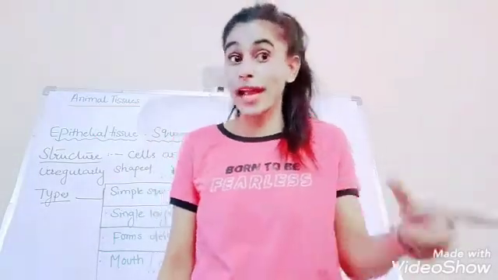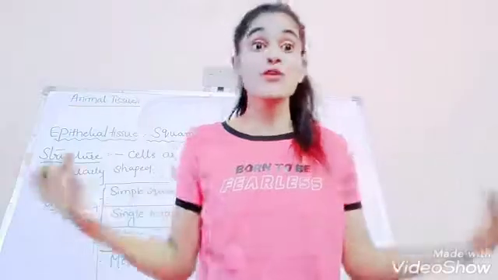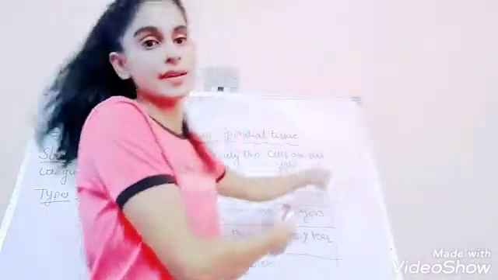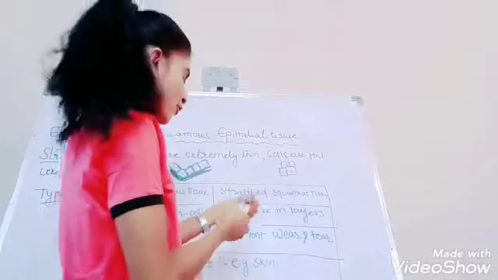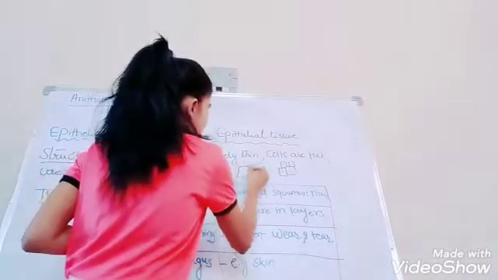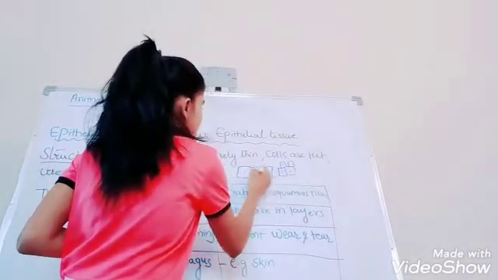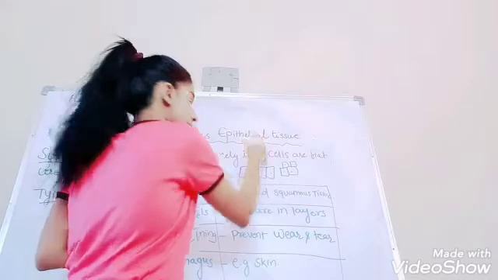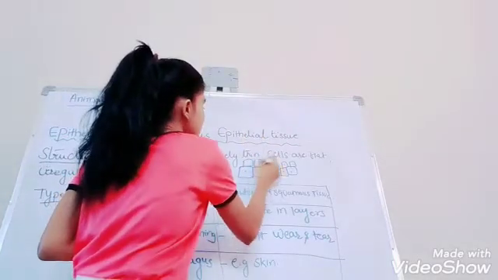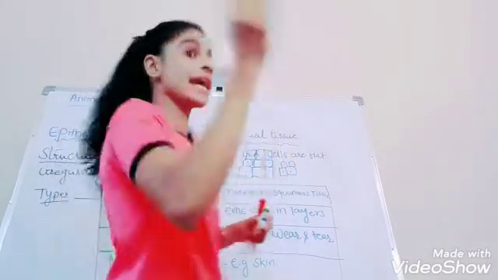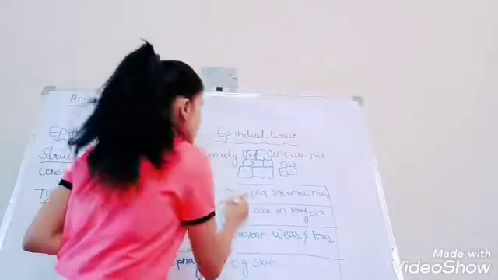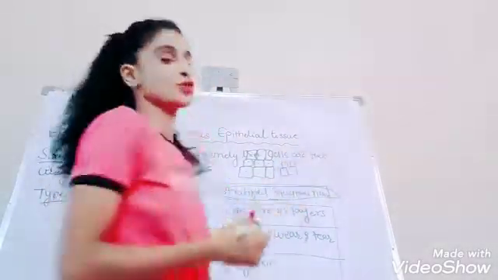Same here: the cells are arranged in layer forms. For example, this is a cell, this is a cell, and above it, another layer of cells, and above it, another layer of cells. This layer of cells is called stratified squamous tissue.